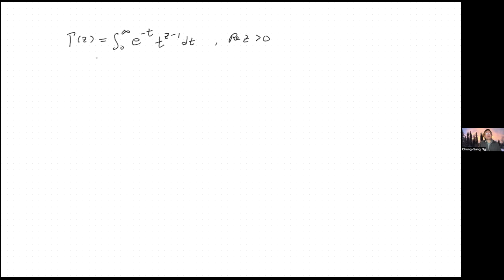So this is also equal to the limit as n goes to infinity of n factorial, just writing it explicitly: 1 times 2 times 3 times up to n, divided by z times (z plus 1), (z plus 2), all the way to (z plus n), and then there's n to the z. Okay.